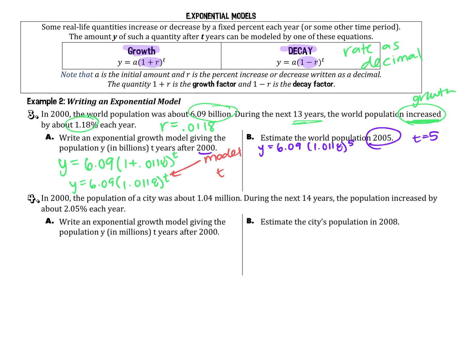We're going to plug that into our calculator, and that's going to give us approximately 6.458, since I'm going to round, and I'm going to answer this in a complete sentence. In the year 2005, the world population is approximately 6.458 billion people. Make sure you include the word billion there. It's the only reason it actually makes sense for us to have a decimal place here, because we're basically writing this as a more concise number and not having to add on quite so many zeros.